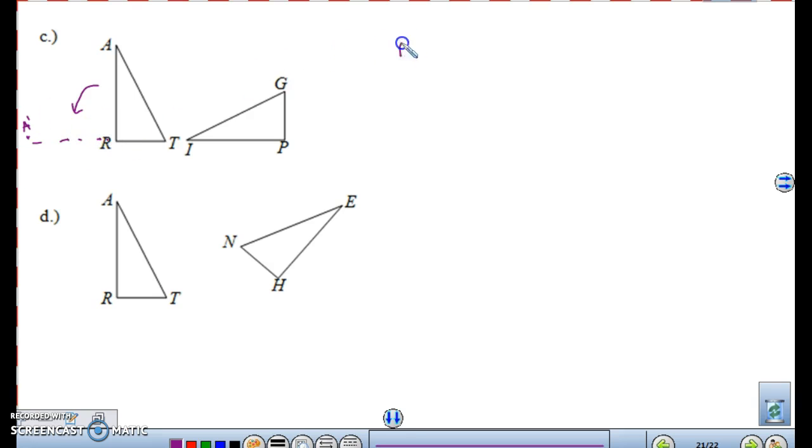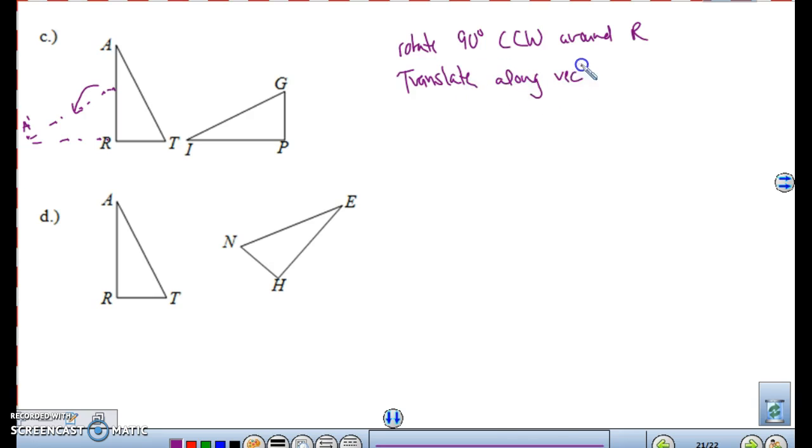So we would probably want to rotate 90 degrees counterclockwise around R, and then that'll put it like this, and then we just have to translate along vector RP. So we want to start at R and then slide it over until R corresponds to P.